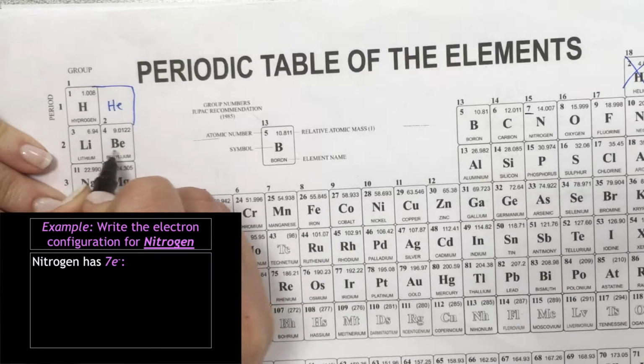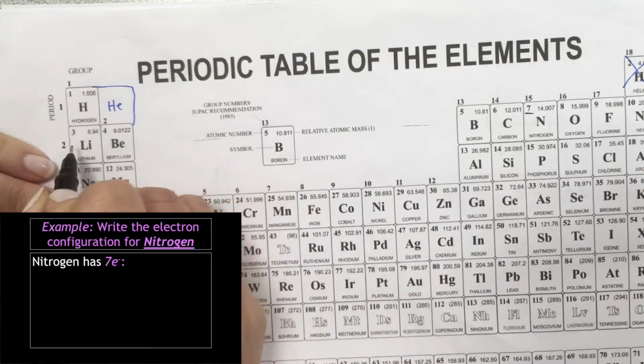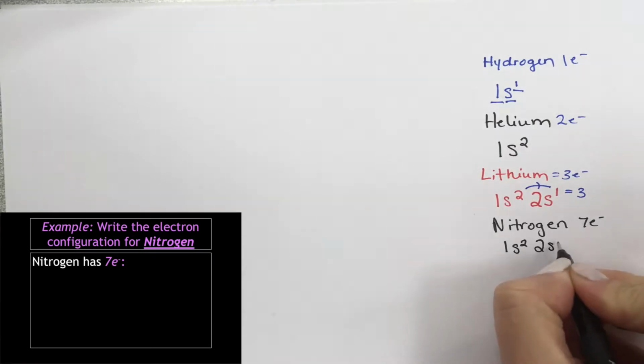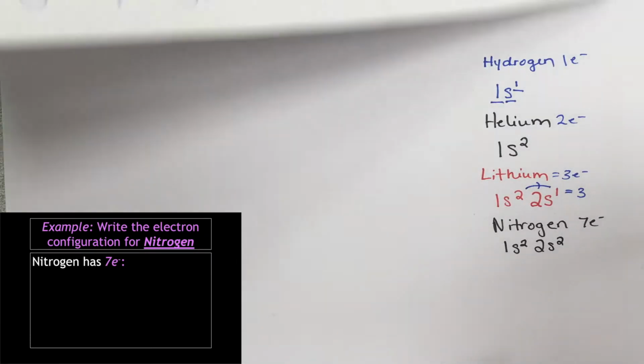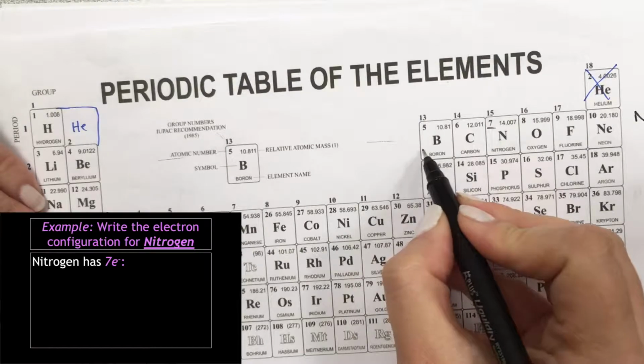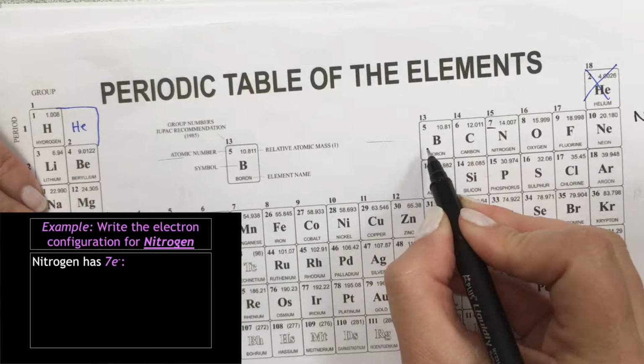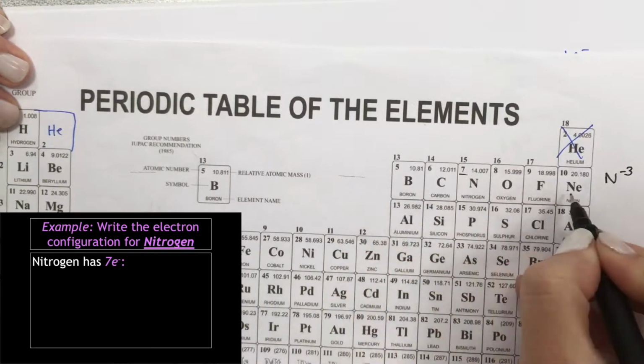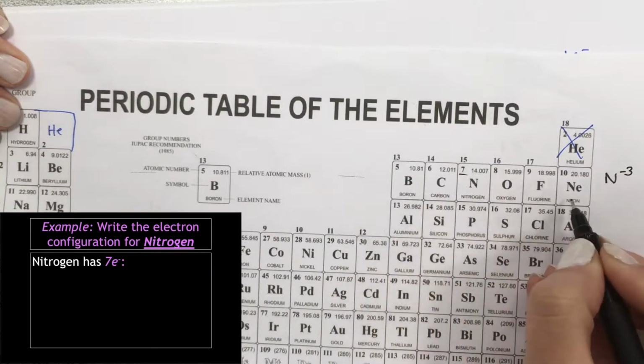So then we have 2s2. This is full, so 2s2. Then we have 2, still the second energy level, but this is not the S sublevel. This is the P block, so it's a P sublevel.